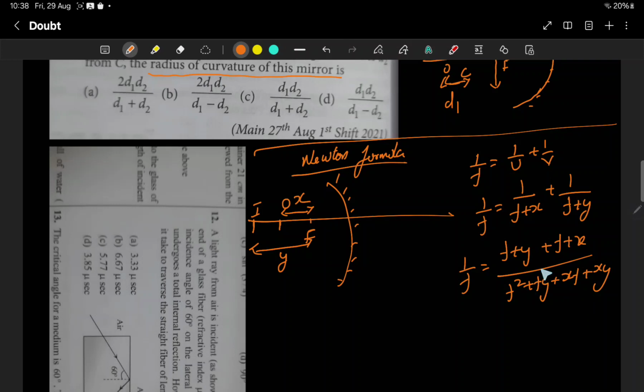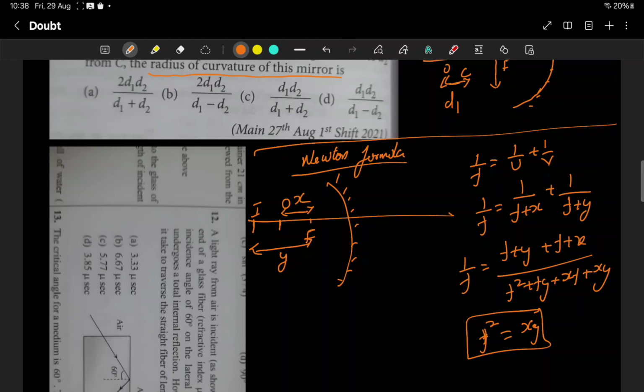Solving everything, finally we get f squared equals xy. This is Newton's formula. We can use this formula here, although without it also we can find it. So first we can use Newton's formula.